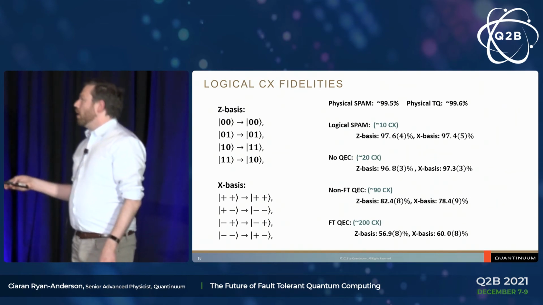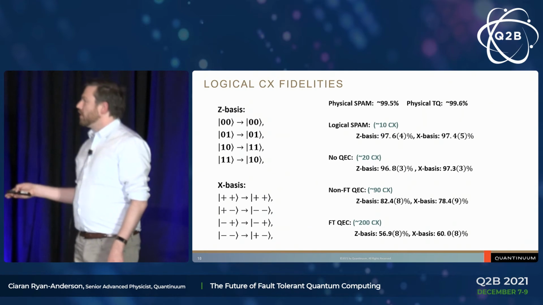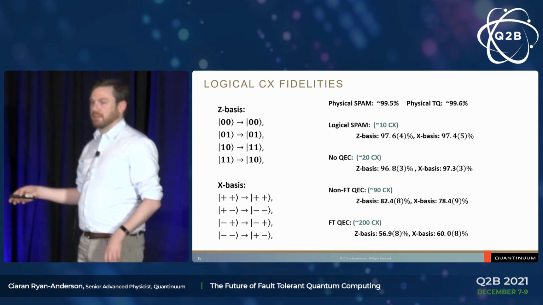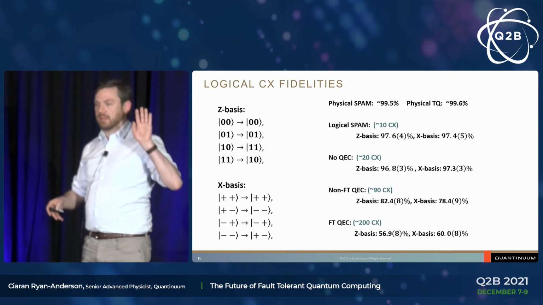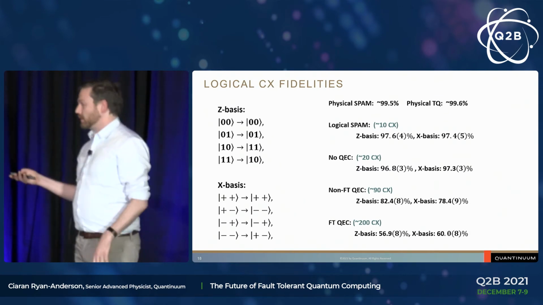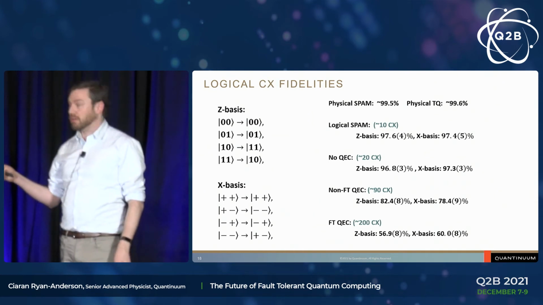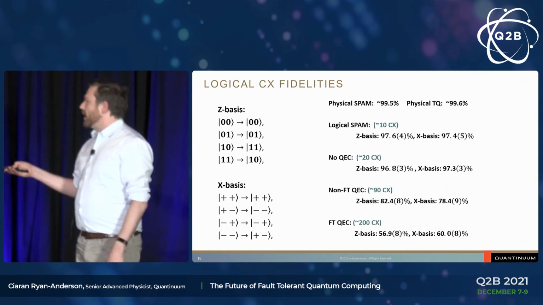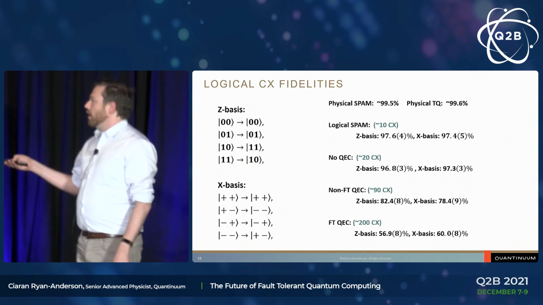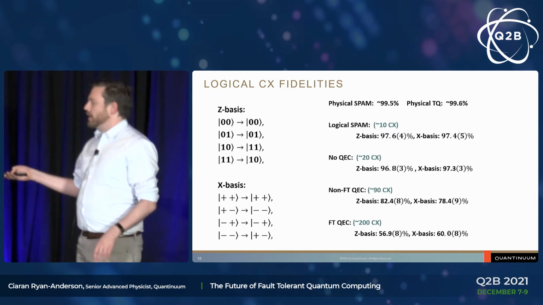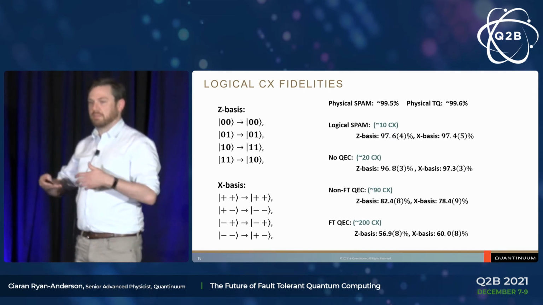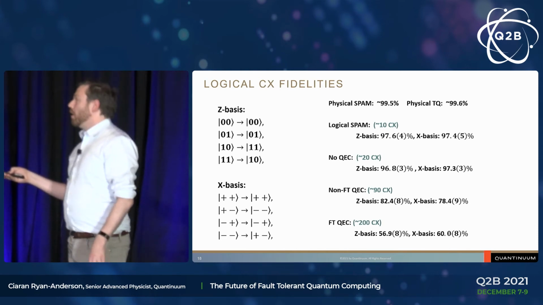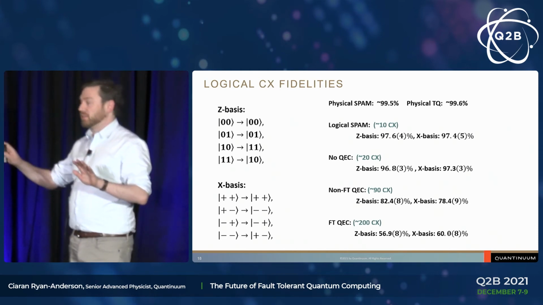What these numbers represent is the average probability that these transitions happen, that you went from the initial input state to the final output state that you were ideally expecting. Here we list the fidelities as we increase the fault tolerance, as we make the experiment more complicated. Here is just the logical SPAM, where we just initialize the logical states and then measure them out.